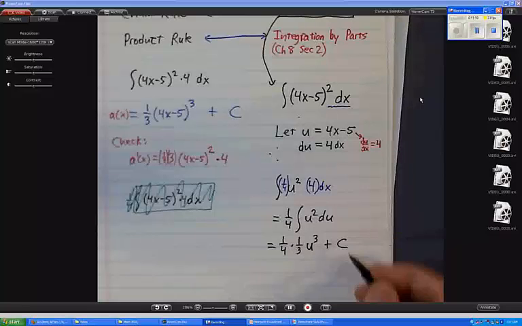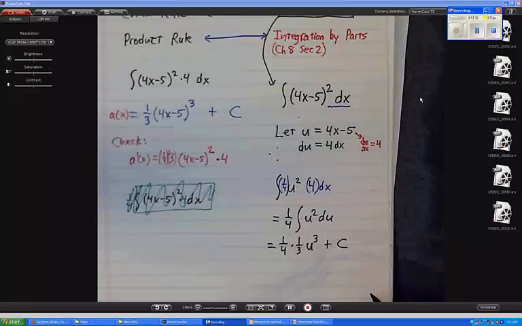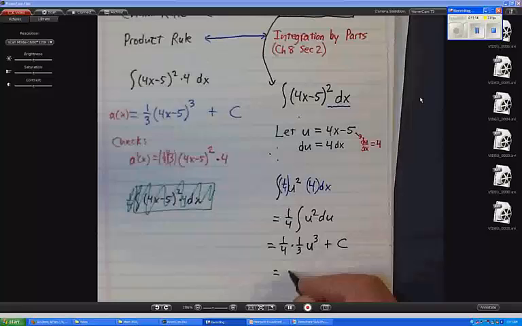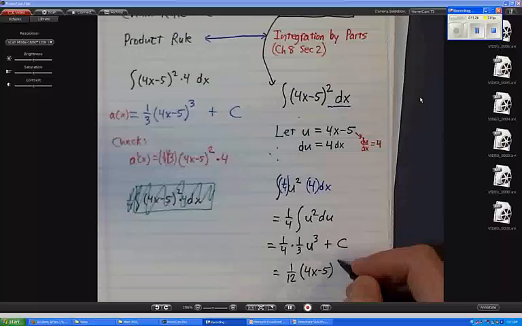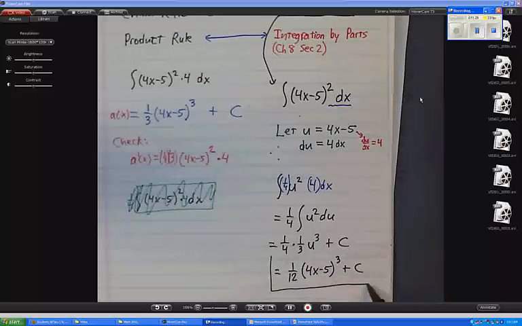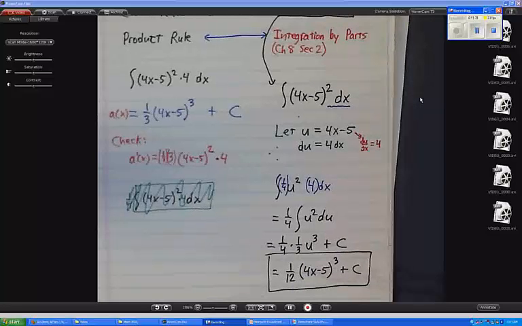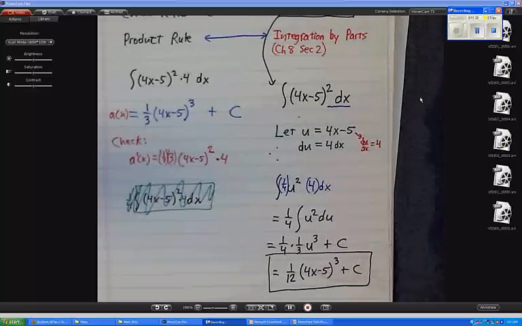And now to finish the problem, I'll write that this is 1/12, but I don't want my u's, so I want to go back and put in the original function. So what am I going to put? 4x minus 5 was what u was, cubed plus c. So this is the antiderivative of 4x minus 5 squared dx.